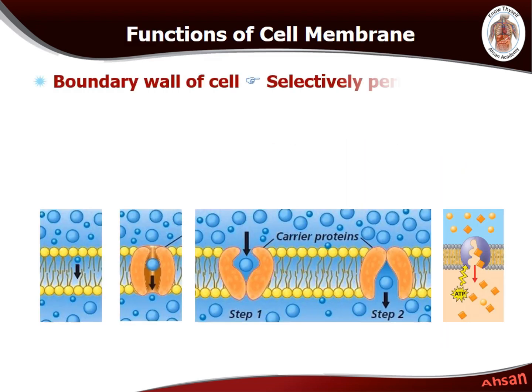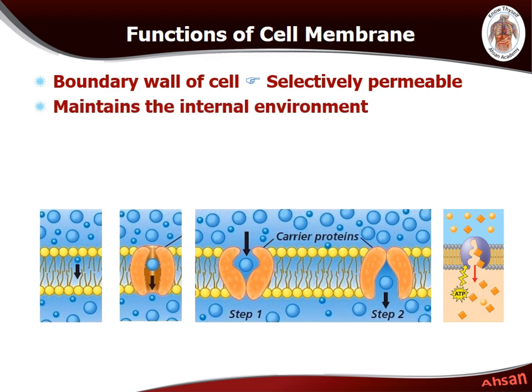So we can say the plasma membrane is forming the boundary wall, and this boundary wall is selectively permeable, meaning the larger molecule can get in if the cell is interested, and a smaller molecule may be prevented from getting entry. This is known as selective permeability of the plasma membrane.